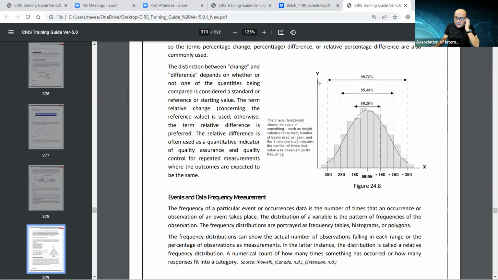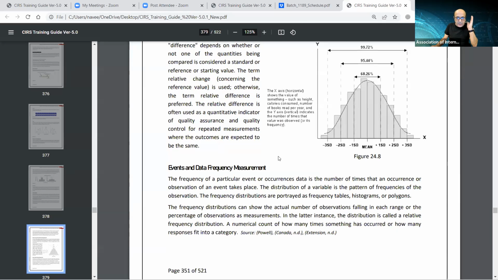So your range would be anything that is a number at the very top of the y-axis and at the very end of the x-axis. So this is the range, and deviation is from the mean, median, or mode, whichever you take as a standard. Standard could be any of those: mean, mode, or median. Whatever it may be, there is deviation on the negative and on the positive side.